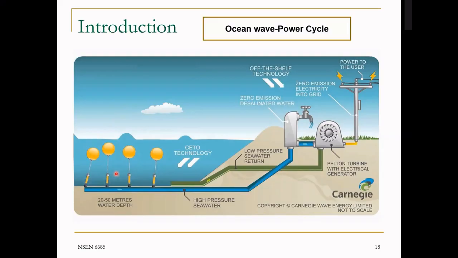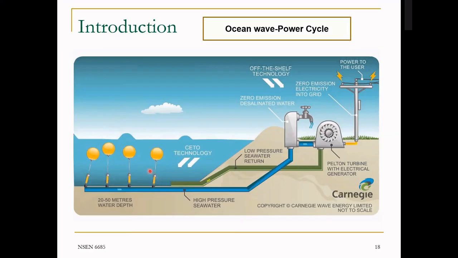So someone came up with an idea: if we have balloons and links, and the waves push these links back and forth, we can use them as pumps that push water all the way to a higher altitude or higher elevation. Then we can drop that water over turbine blades, right? And those turbine blades will rotate the shaft, and the shaft is coupled to a generator, and that generator will produce electricity.